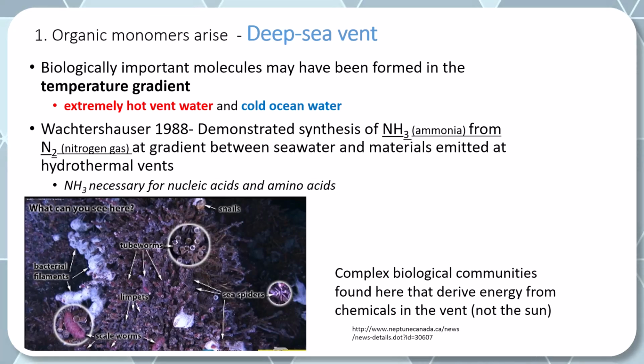This ammonia is necessary for nucleic acids and amino acids to form. In present day, still, there's complex biological communities found at these deep sea vents, and they derive energy from chemicals in the vent. So they do chemosynthesis. That's kind of the base of those communities, rather than photosynthesis.